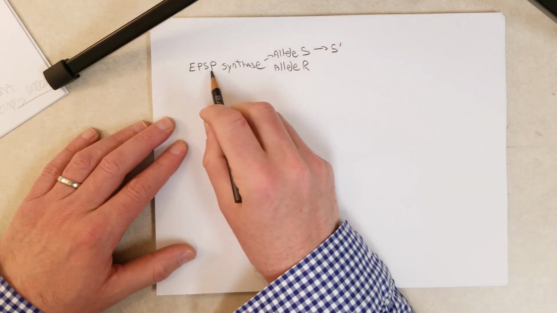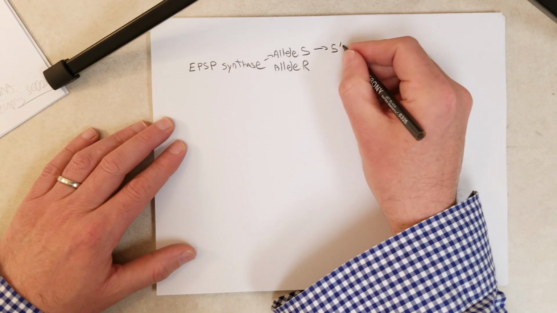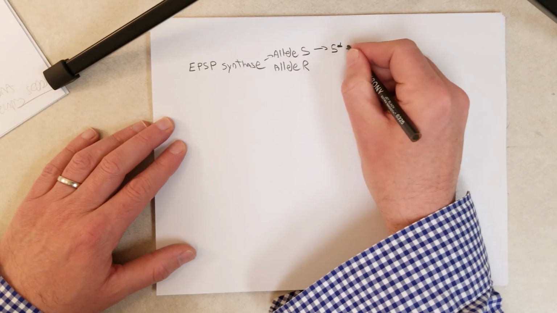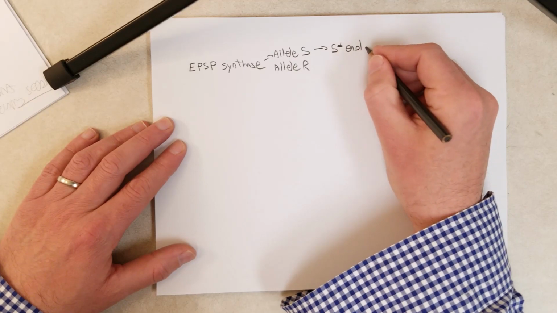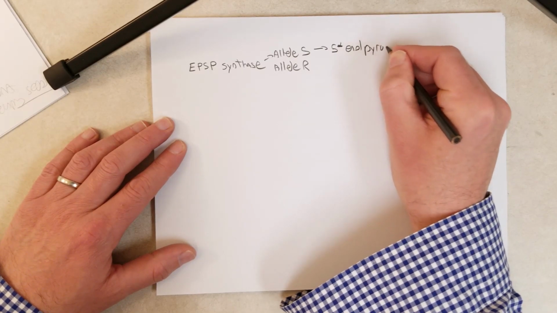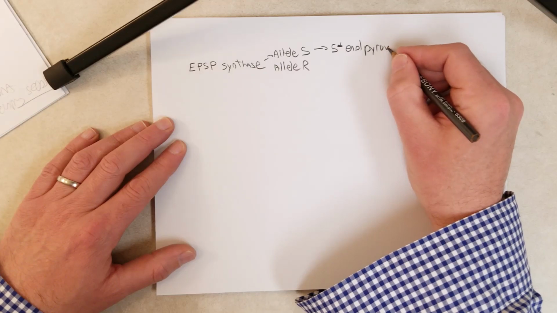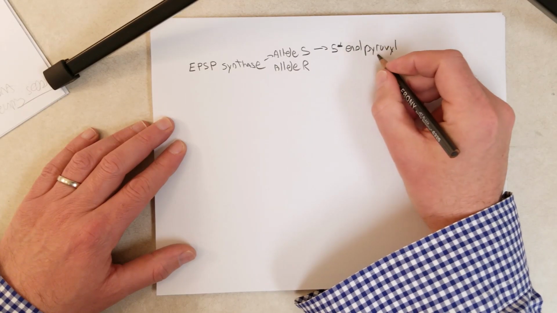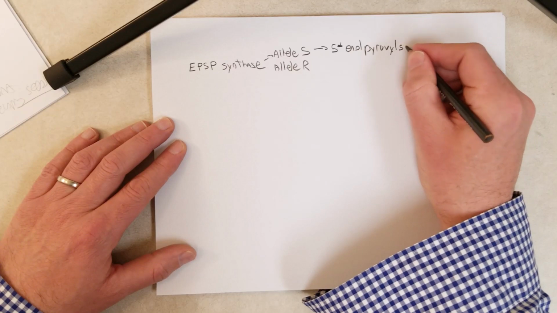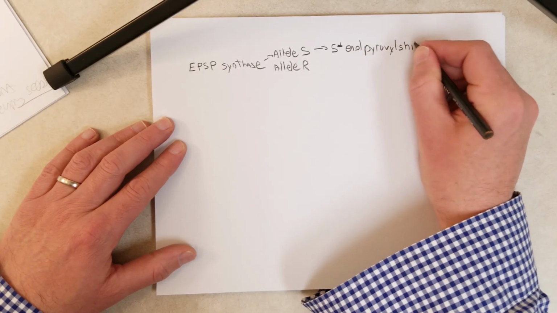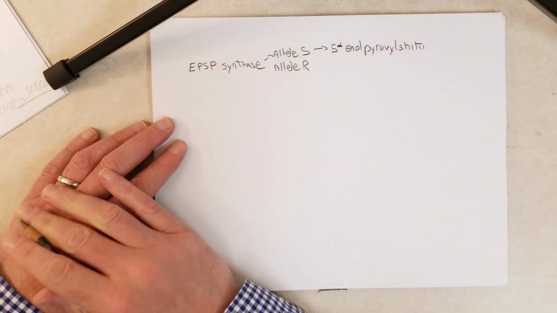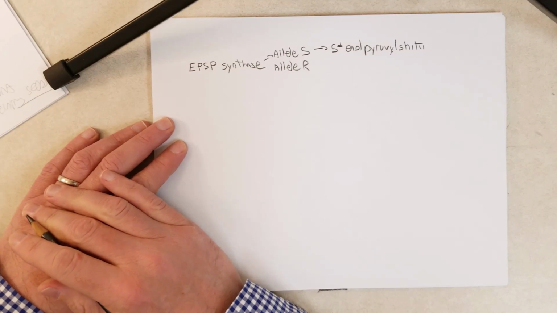And what is EPSP synthase? It stands for this long, complicated name. And I do love chemistry. Someday I'd like to go back and take organic chemistry. I know a lot of my students and a lot of you are taking organic chemistry right now, and it's really fascinating.